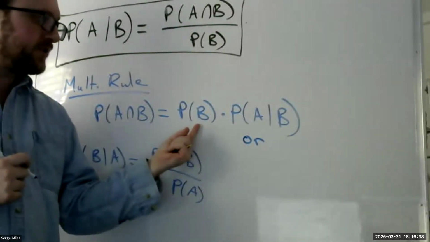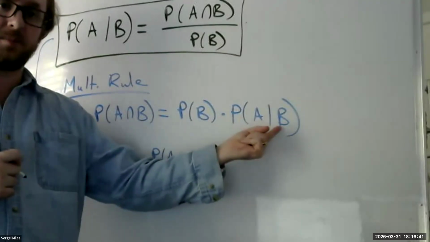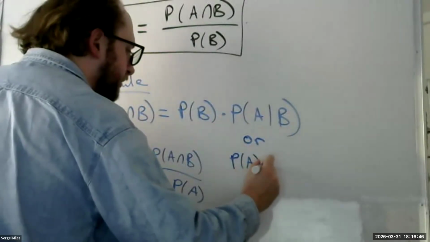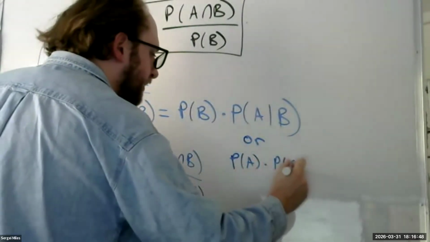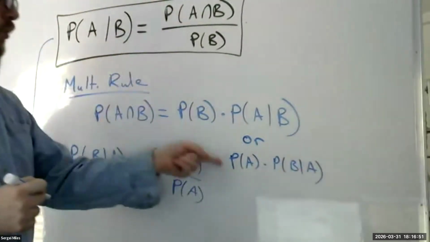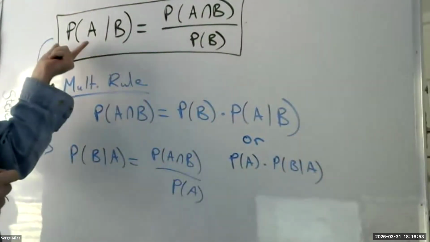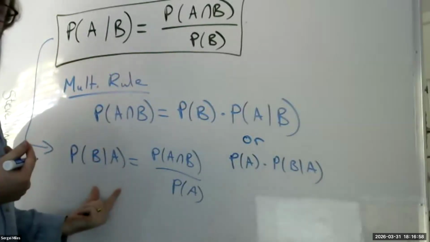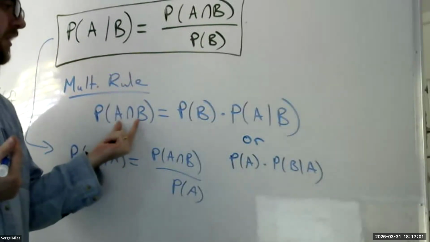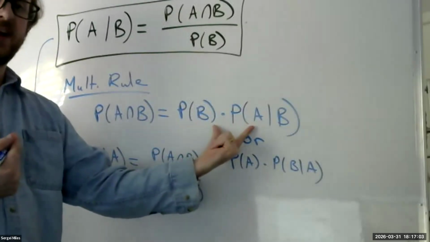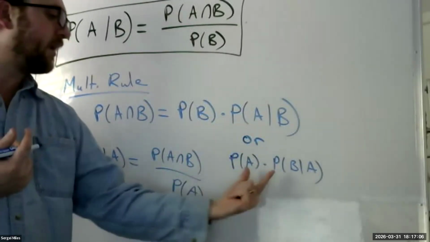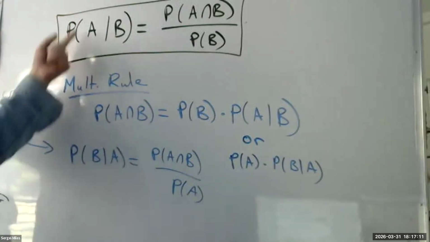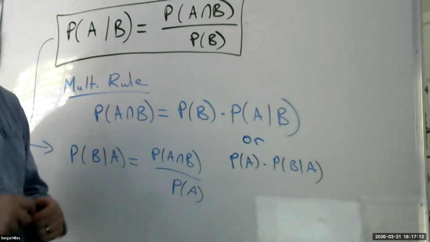Either B happens first and then A conditioned on B, or A happens first and then B happens conditioned on A. Either way, the conditional probability formula gives us this multiplicative trick where, in order to calculate the intersection, I can write it as a multiplication of these two probabilities, in either format, and it's going to work out. It's the same thing, since I'm using the same formula. Okay?